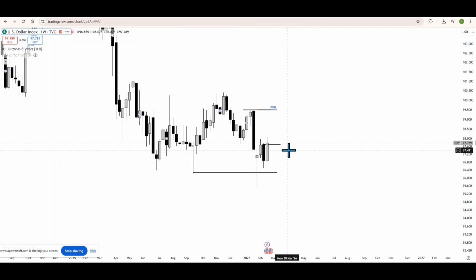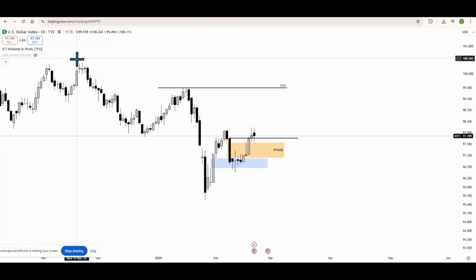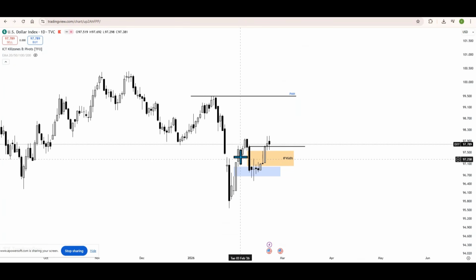Let us see what the order flow is on the daily time frame for us to get an answer to that question. Now, if you look at the daily time frame, you can see this structure is so clear. Of course, when this market was making a low here, we had that lower low, lower high, lower low, lower high, lower low, lower high. Then this was a retracement, and now the market has made a new low. So this leg here is what we consider the retracement to the weekly internal range liquidity.